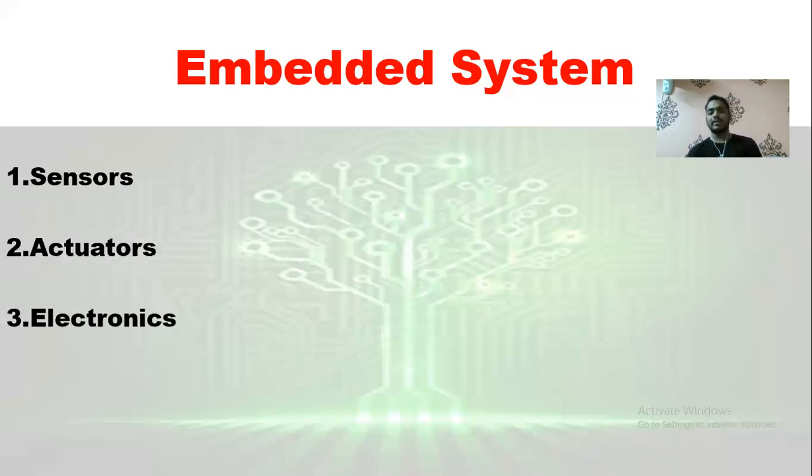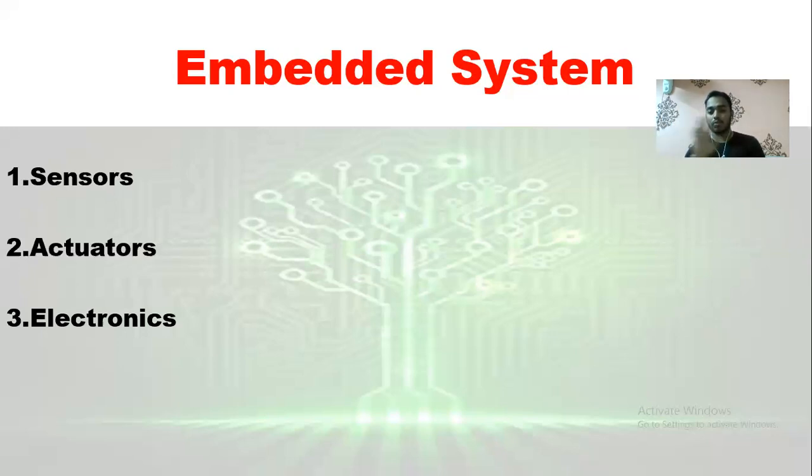The third point is electronics. See, the first are sensors and actuators. If you want to use these two devices, they are always merged with electronics. If you want to use a sensor, you must have an electronic system.